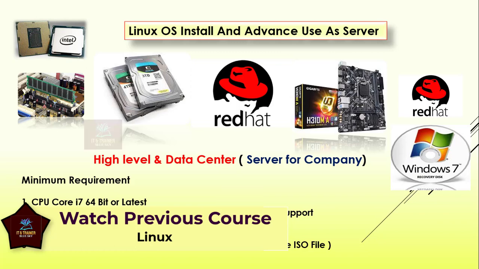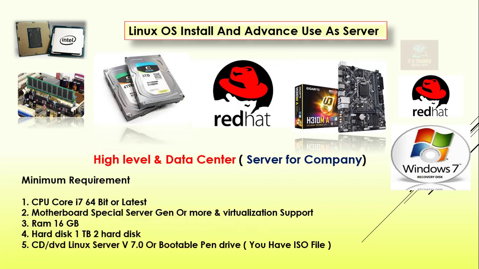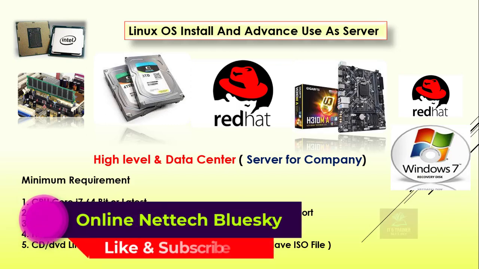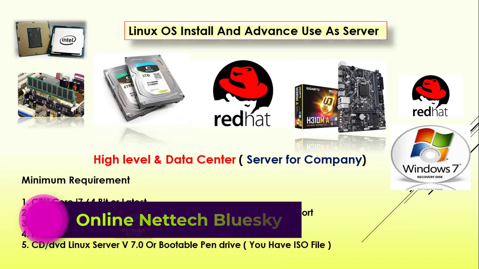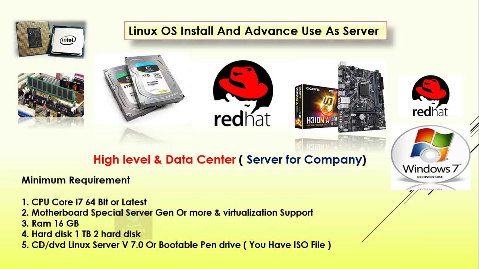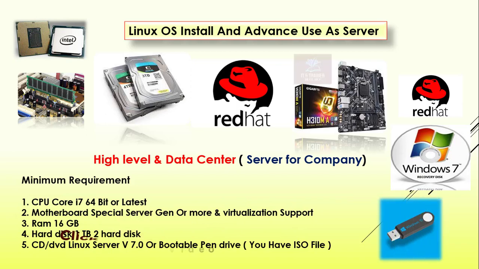You need the Linux Server version 7 ISO file. How to download it, I already told you in my Technical Tips playlist, where I created 3 videos on how to create a bootable pen drive. So watch them and you can make the bootable pen drive.